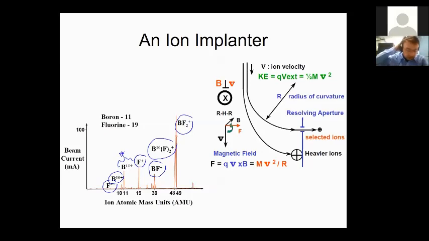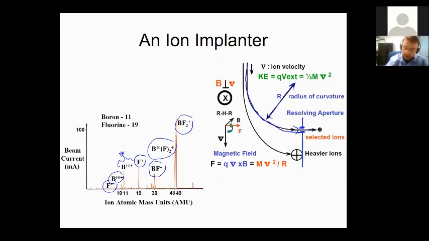So what you need to do is, with the help of the magnets that you have, the magnetic fields, you can guide the charged particle to the correct selected aperture. And this way, using the magnet as a mass spectrometer, you will make sure that the ion with the correct mass, following the correct radius, the correct trajectory, will be going through.